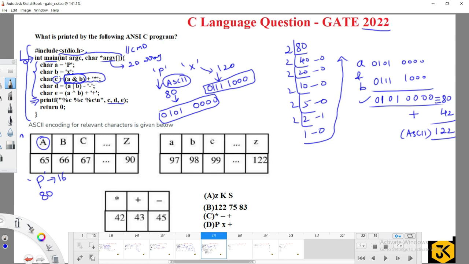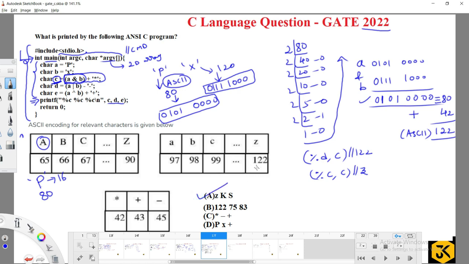If I print with percentage d comma c, you get the value 122. But they are asking percentage c comma c, so it converts into character format. 122 is small j. So directly we can put the answer, option A is the correct answer.